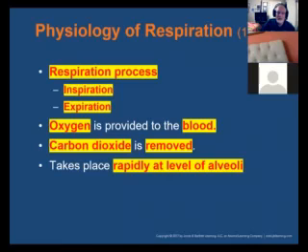What gases? Oxygen and carbon dioxide. And through diffusion, those molecules move from an area of higher pressure to an area of lower pressure. That's the diffusion.